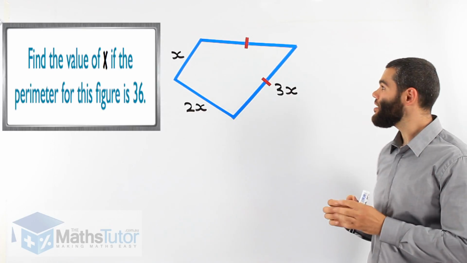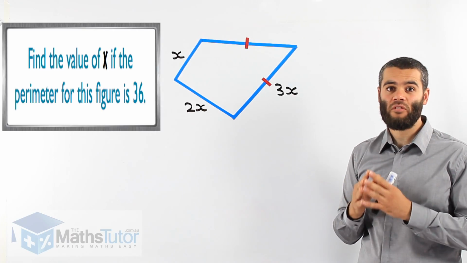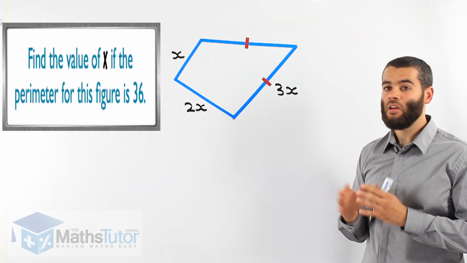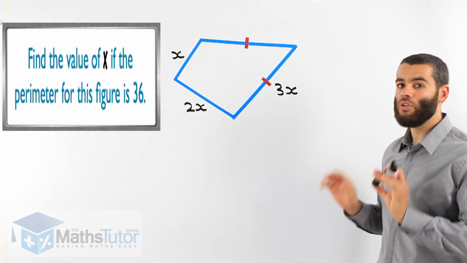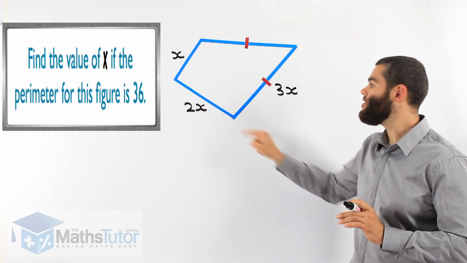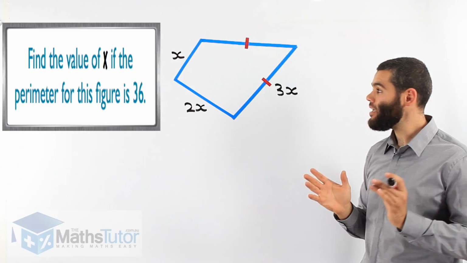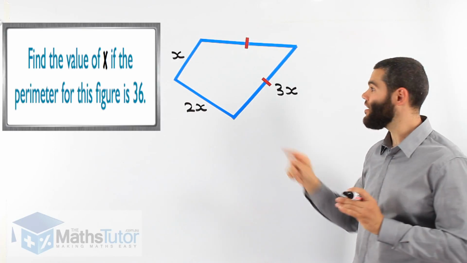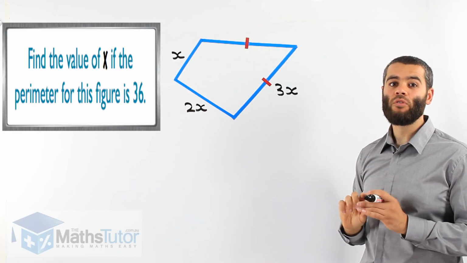Well, looking at the diagram, we can tell that we need to make an equation to find x. To make the equation, we need the information, which is all the sides, all of them added up, make the perimeter, because the perimeter is adding up all the sides. All of them added up equal 36.